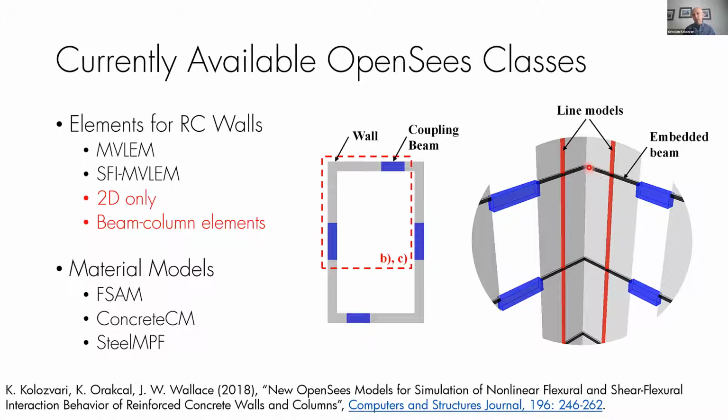And then your model stability and results also depend on the parameters of these embedded beams. So the next part of the presentation is going to show work that was motivated by these two shortcomings: the lack of three-dimensional models for walls and the fact that you use these embedded beams, which makes it cumbersome. So in the next models I will show, we overcame these issues.